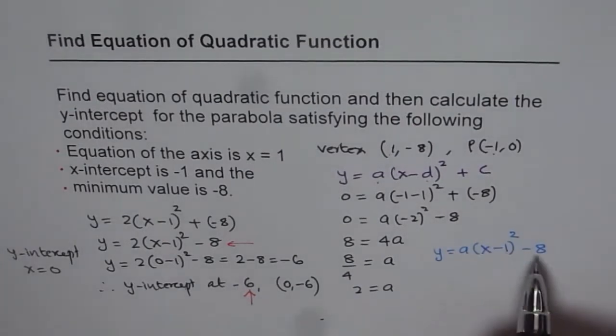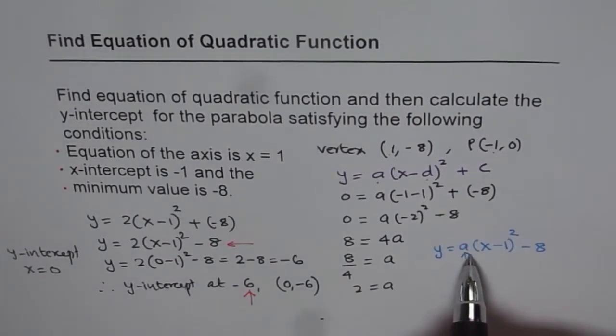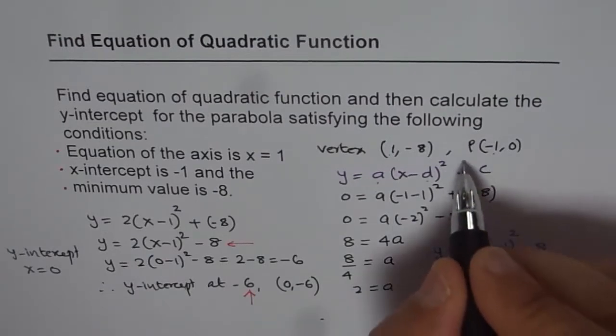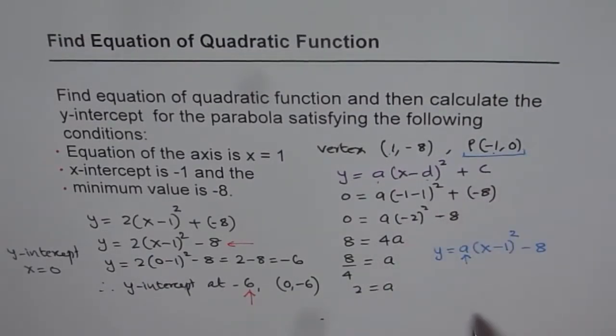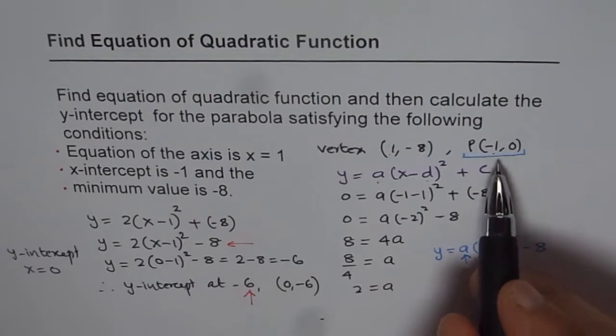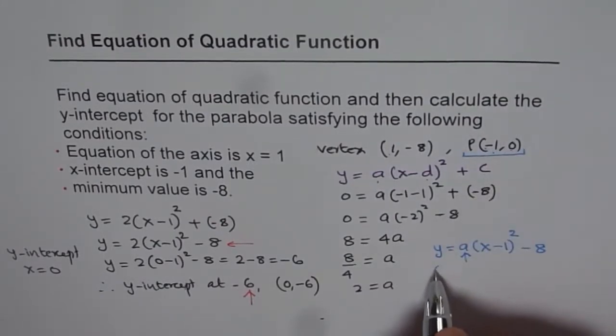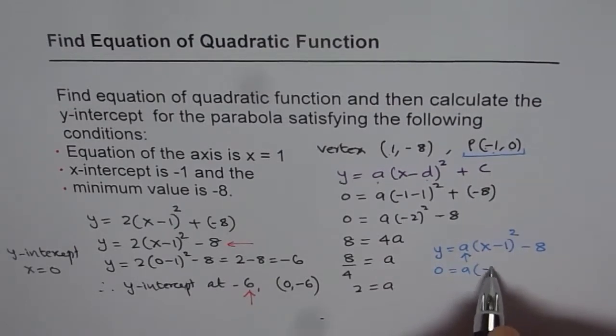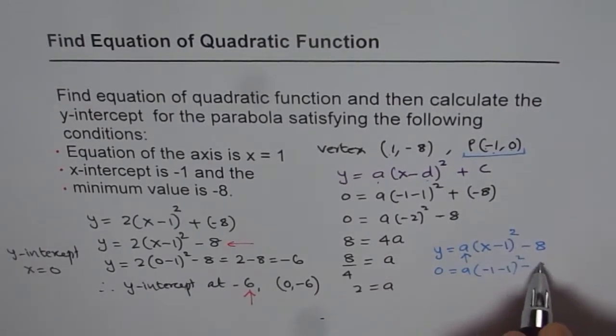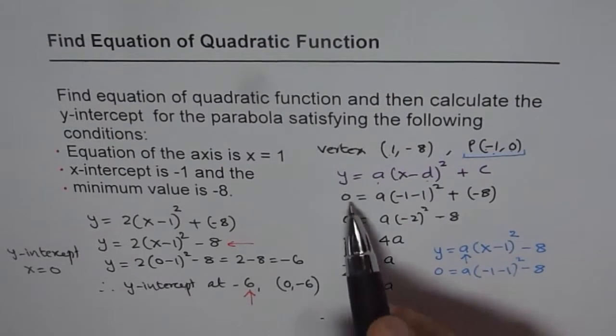After that, we need to find the value of a. To find the value of a, we can substitute the point value, which is x-intercept: minus 1 for x, 0 for y. 0 equals a times (minus 1 minus 1) whole square minus 8. Solve this equation as I have shown here.